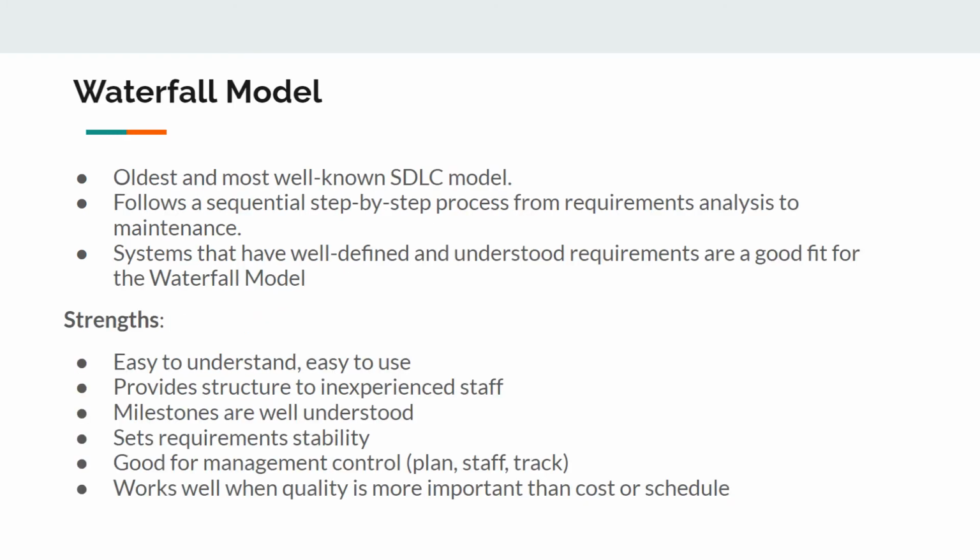Waterfall model. When we talk about the waterfall model, it is the oldest and most well-known SDLC model. It follows sequential step-by-step execution, like all the phases which we have just seen in the earlier presentation. All six phases go one after another. So it's not like the complete software application requirements are broken down into multiple phases.